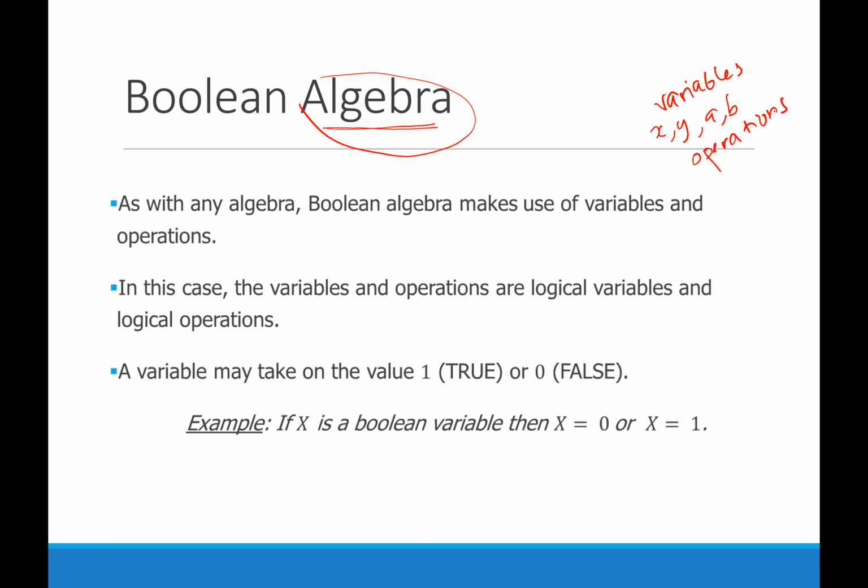We are talking about only algebra, not Boolean algebra. So in algebra, we are working with variables and also operations. The operations are addition, subtraction, and also division and multiplication. Like that, we can take many operations regarding algebra.